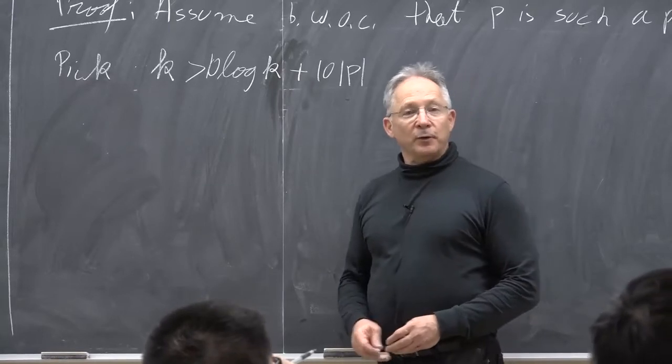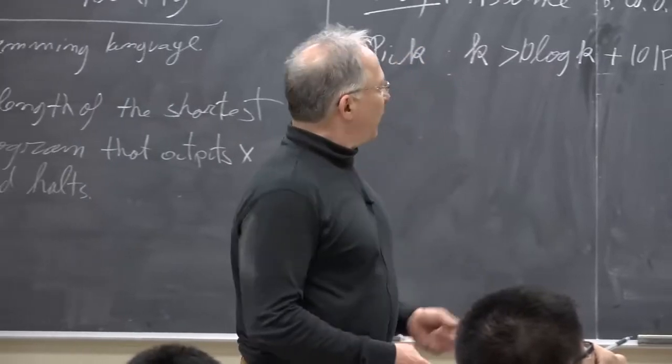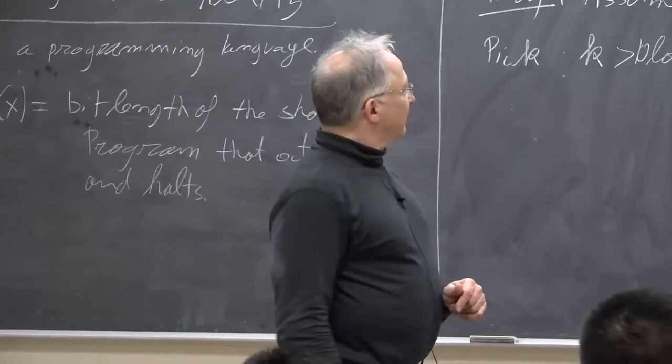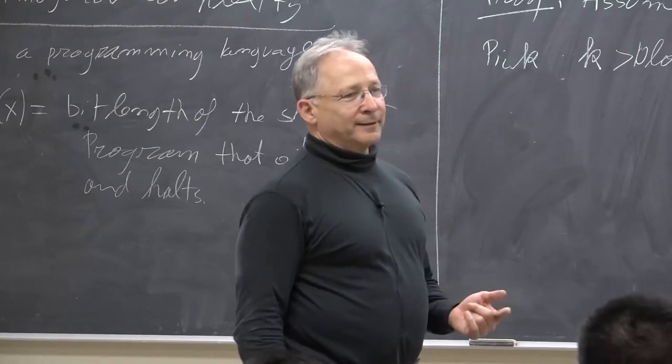And now I will show you, it is very similar to the Berry paradox that you saw in the beginning. I will show you how to generate the first string that has complexity more than k.